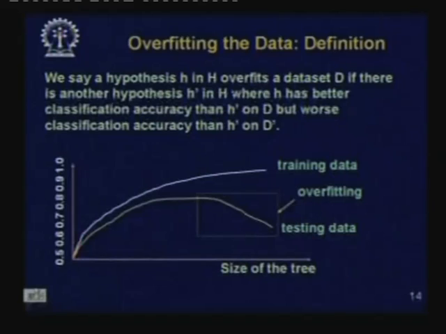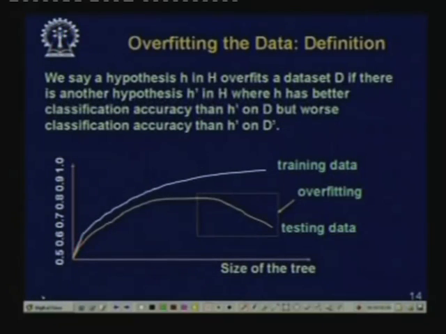So, let us come to the formal definition of overfitting. We say that a hypothesis h overfits a data set D. Capital H is the hypothesis space, and we are trying to find a hypothesis small h which belongs to the hypothesis space.